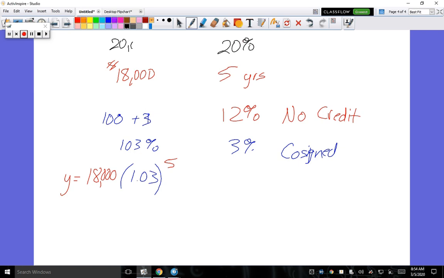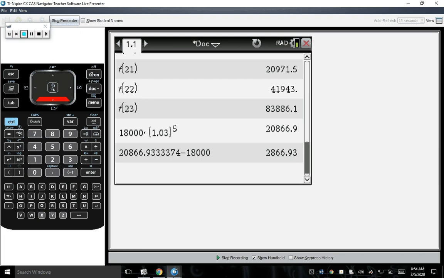His was 20 grand. So the 20% that's added to that 100% became 1.20, and he paid it off in 5 years.